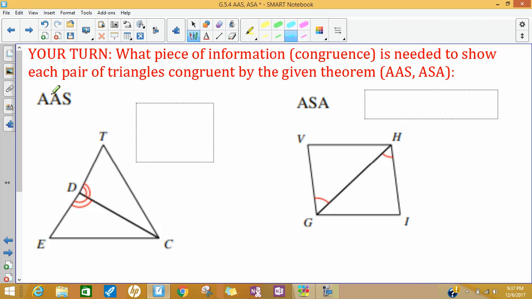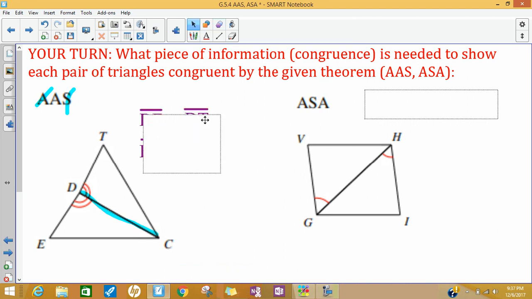So in this first one, I have a pair of angles already marked, and then I have the reflexive property here that tells me a pair of congruent sides. I don't want to have angle, side, angle, so I want to pick the angle that will make this not the included side.